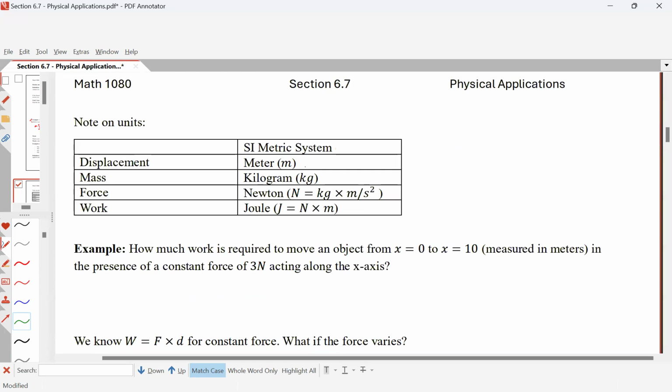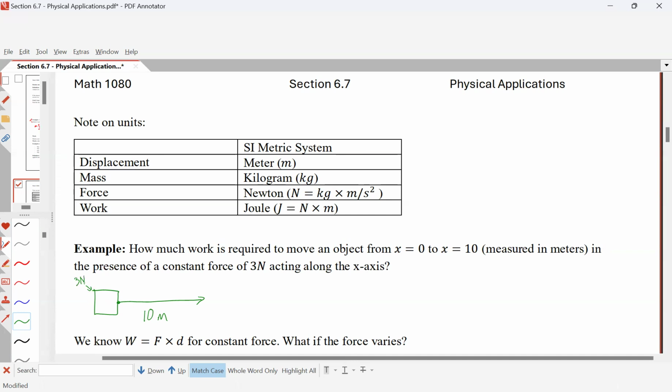So using this idea, suppose we have an object that we just want to move 10 meters. We are constantly pushing or applying a constant force of 3 newtons on the object.